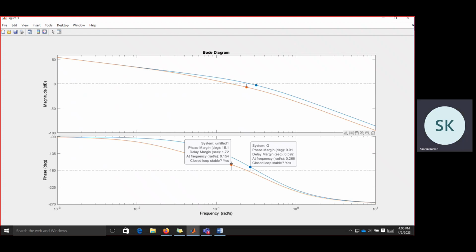So the phase margin required is, for 15 degrees, an additional 40 minus 15 degrees, and that can be used to find the phi m.